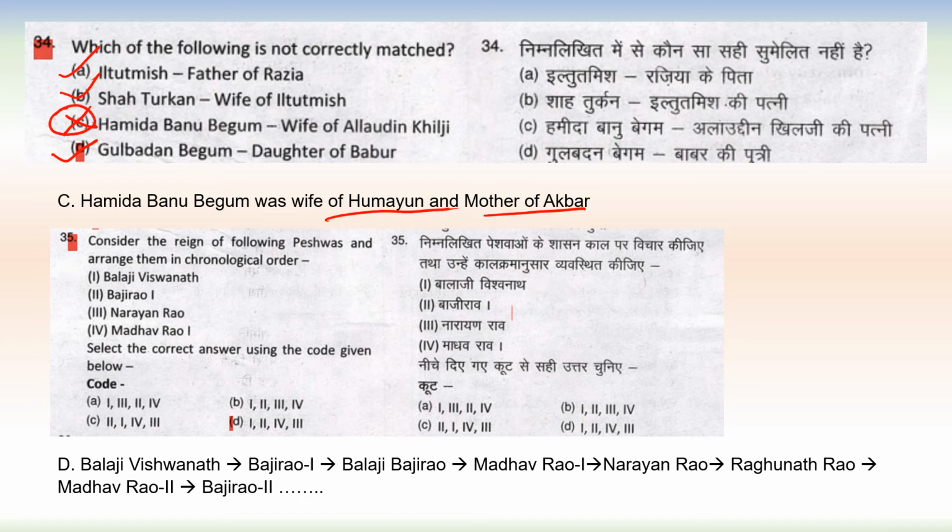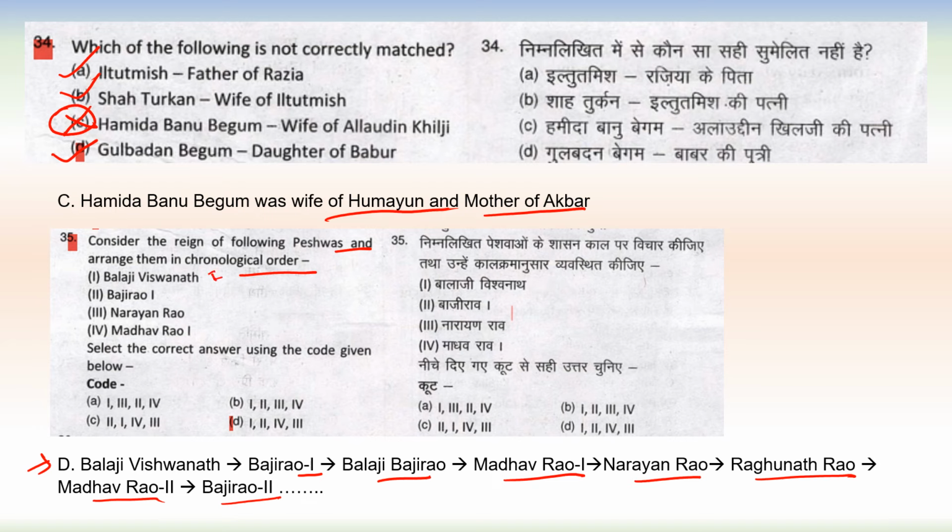Next one. Consider the reign of the following Peshwas and arrange them in chronological order. So we can see here the Peshwas: Balaji Vishwanath, then Bajirao first, then Balaji Bajirao, then Madhav first, then Narayan Rao, Raghunath Rao, Madhav Rao second, then Bajirao second, and so on. Balaji Vishwanath was the first Peshwa.